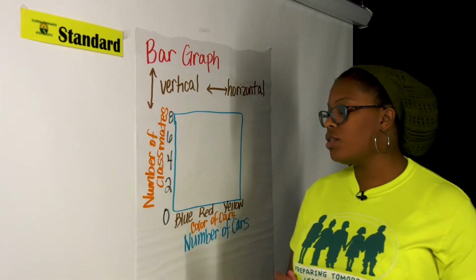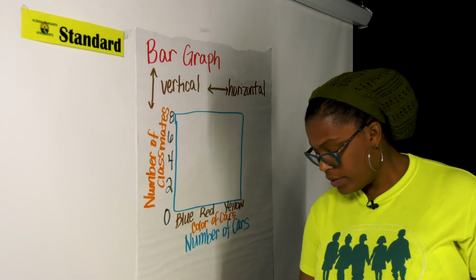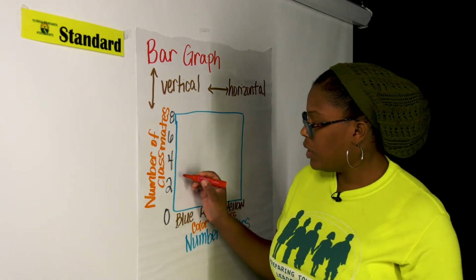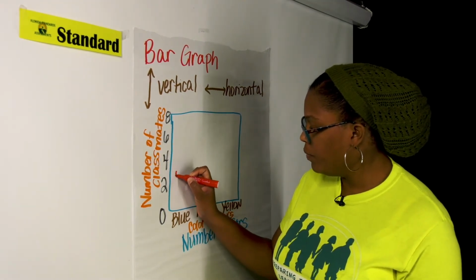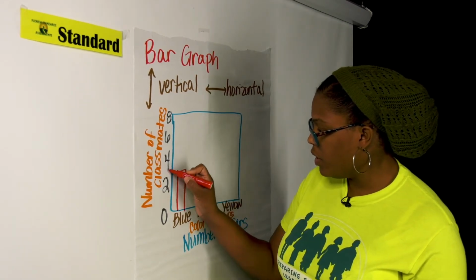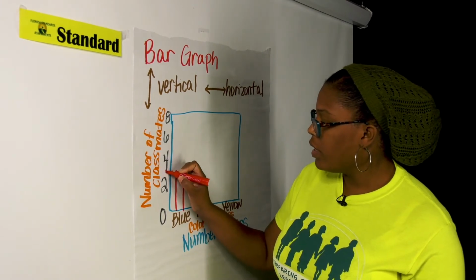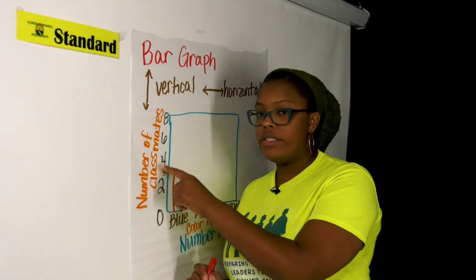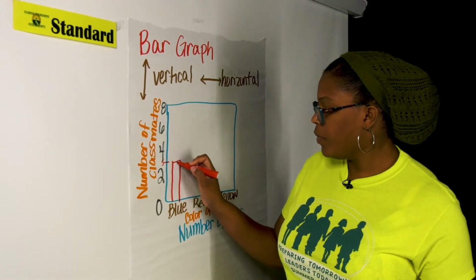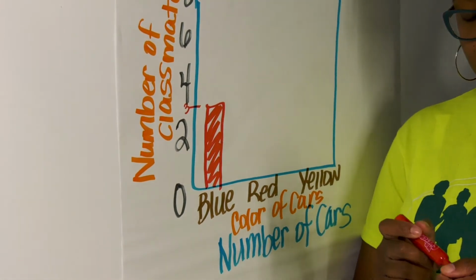So let's say 2 of our classmates have blue cars. So vertically, I would shade up to blue, make a bar at 2, actually I'm going to say 3 because I took that right in between there. 3 of our classmates, because we know that 3 is in between 2 and 4, have blue toy cars.